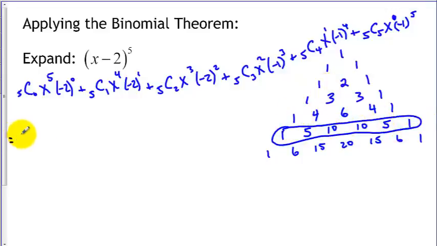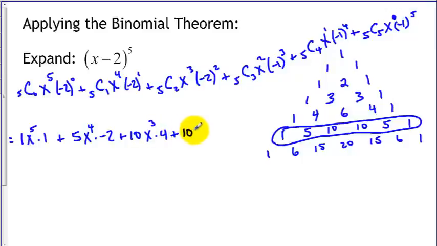So if I fill in, I've got 1 x to the 5th times, now negative 2 to the 0 is 1. Now you could be simplifying these in your head. So now we've got 5 x to the 4th times, now negative 2 to the 1st would be negative 2. Now we've got the next term, 10 x cubed times negative 2 squared would be 4. Now we've got 10x squared times, this should have been negative 2, negative 2, negative 2, sorry for that.